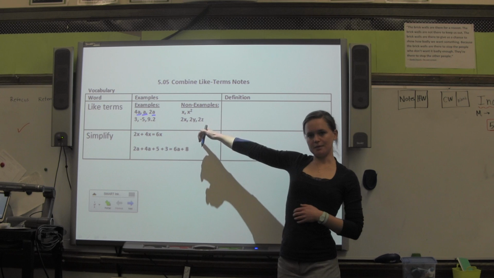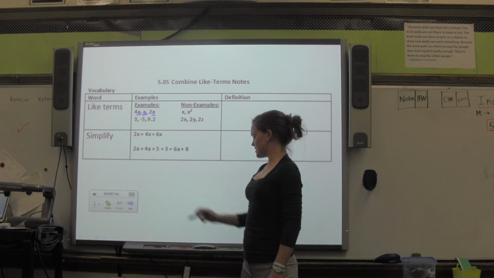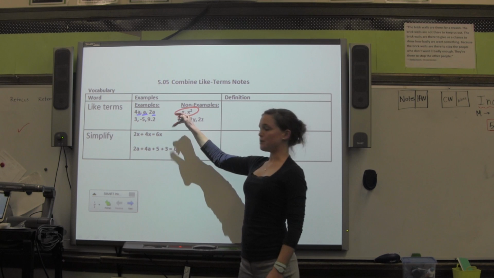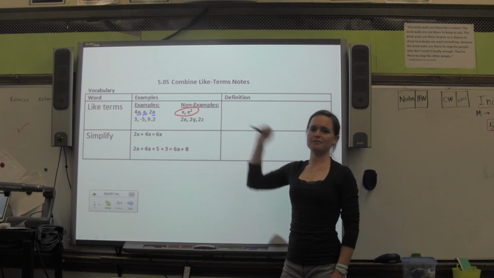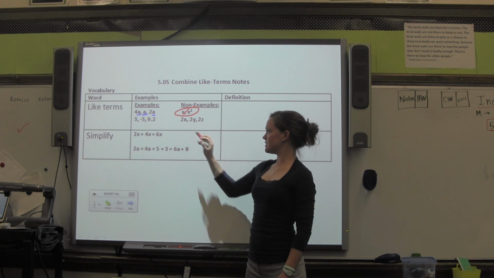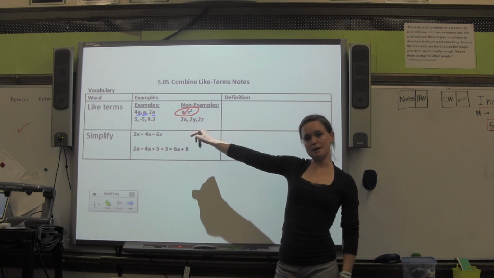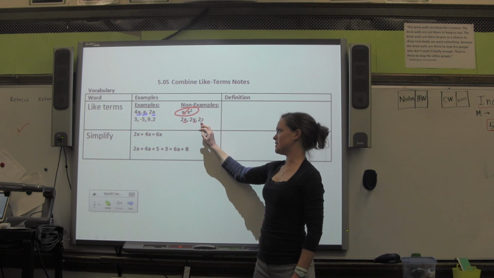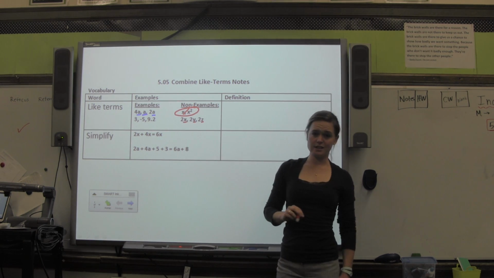These are non-examples. This first one, x and x squared, these are not the same because they both have x, but x is not raised to the same power. These, even though they have the same number part, they do not have the same variable part. Here's an x, here's a y, and here's a z. So that's why those are non-examples.